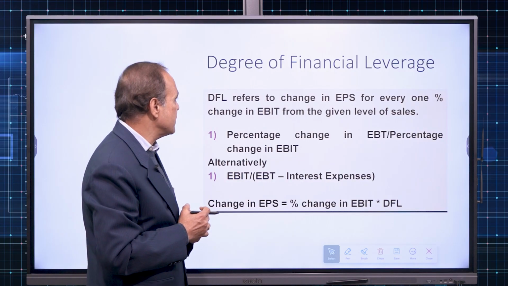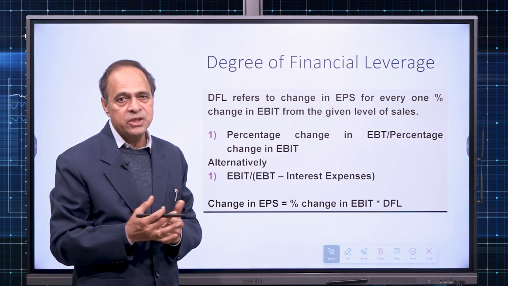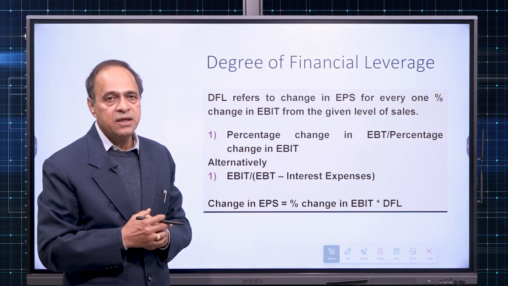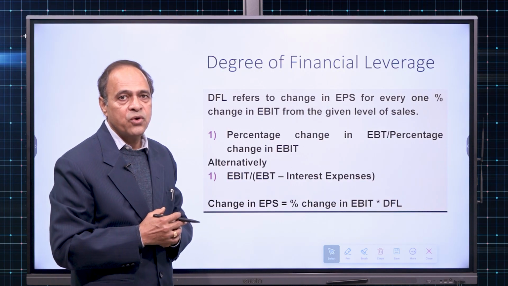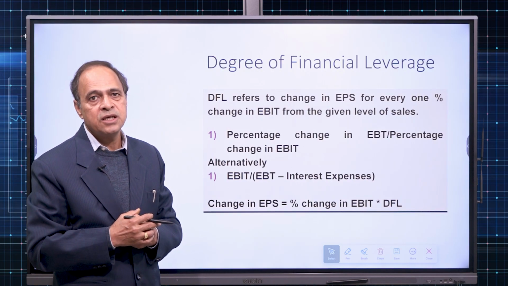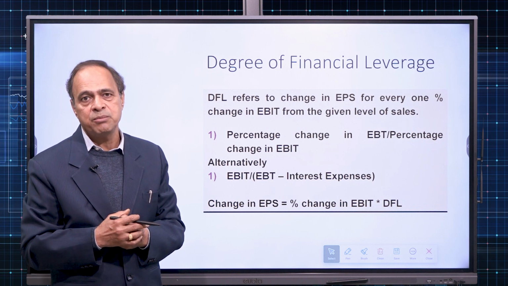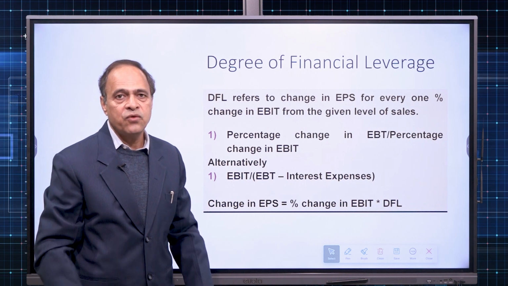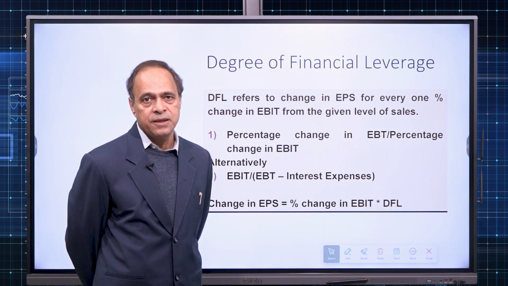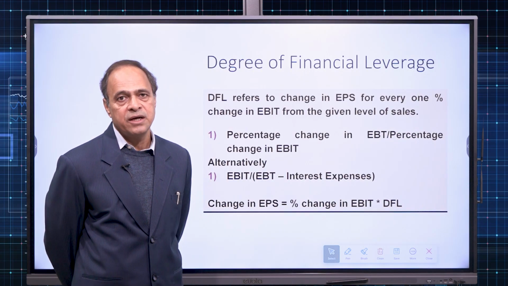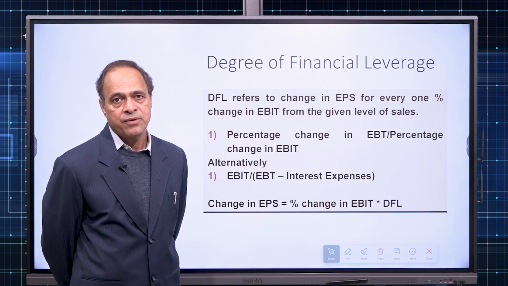DFL refers to the percentage change, obviously it is a percentage change, in EPS for every 1% change in EBIT from the given level of EBIT. That means for every level of EBIT, there will be a separate DFL, degree of financial leverage.